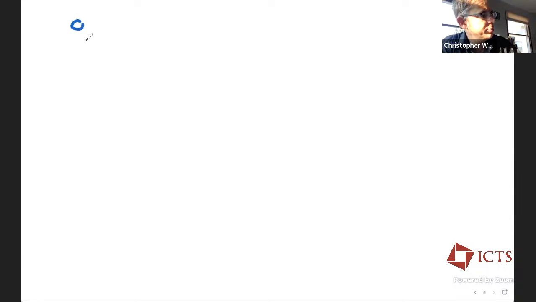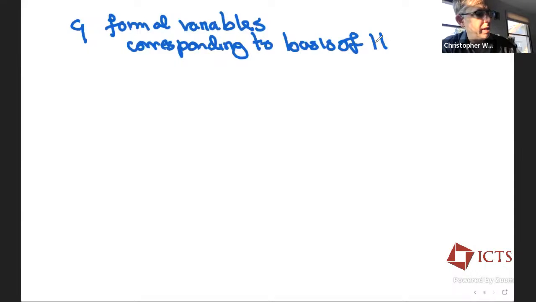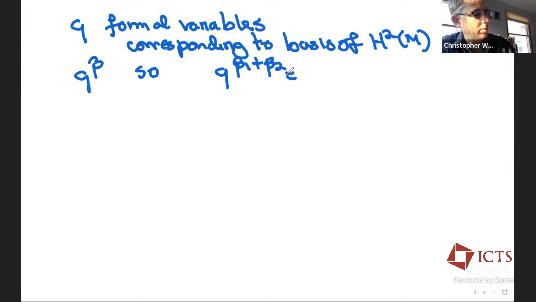So now you take q to be a formal variable corresponding to a basis of H2. I'm not going to write out what that means. I just want expressions like q to the beta to make sense. So this is some formal expression. So q to the beta 1 plus beta 2 means q to the beta 1 times q to the beta 2.